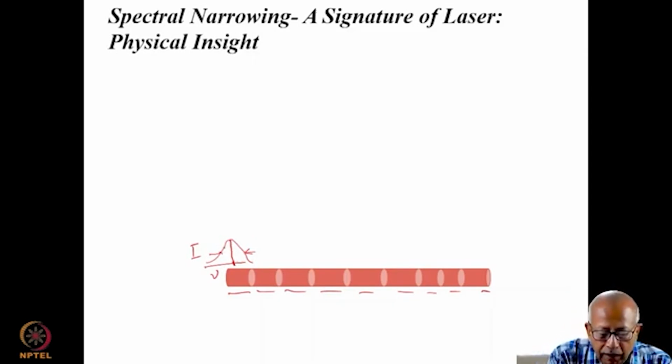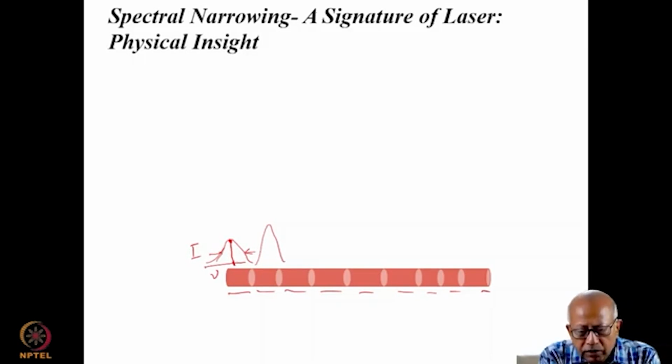At the wings, the number of photons is less. Therefore, more amplification will occur at this frequency, and less at the wings. Therefore, there will be a narrowing of the fluorescence wave.